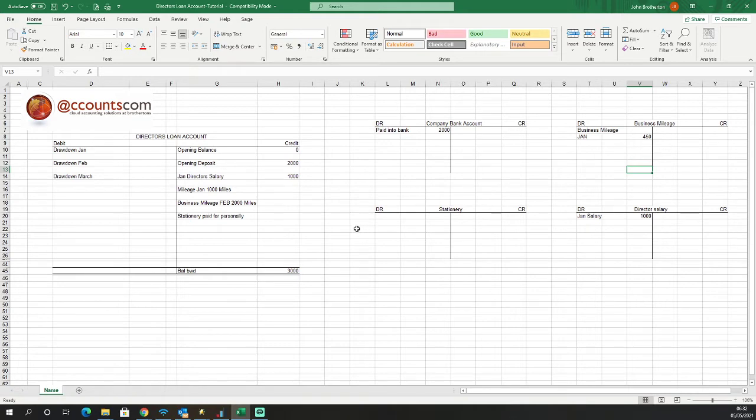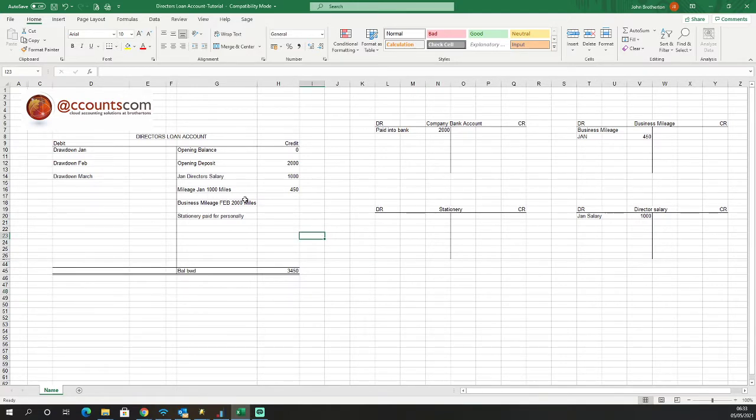He's owed it, but he's decided that he's not going to take the £450, he's going to leave it in the company. So at that point we credit the director's loan account with the £450 that he's owed for the 1,000 business miles that he's done. So at that point now the director is owed £3,450.